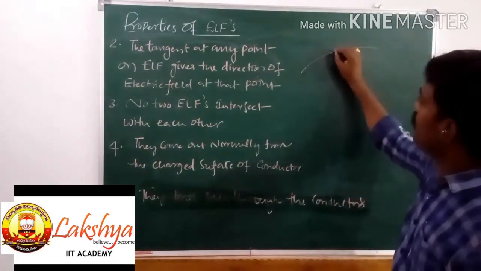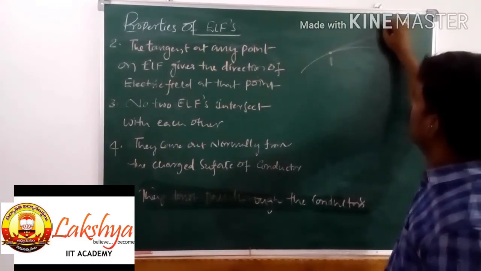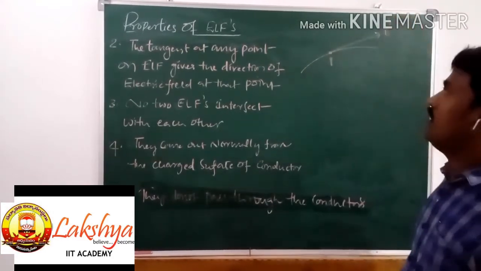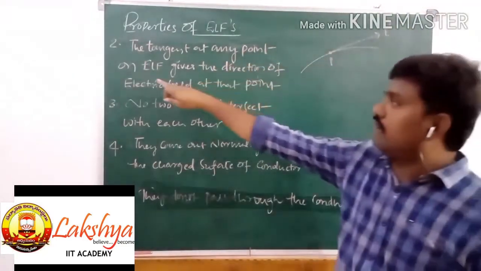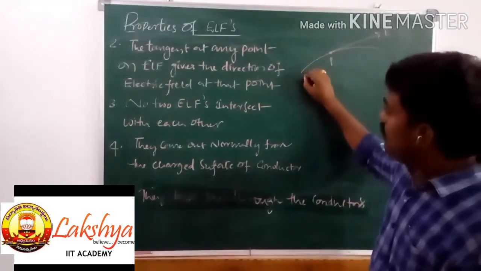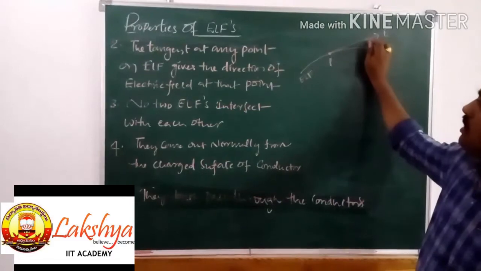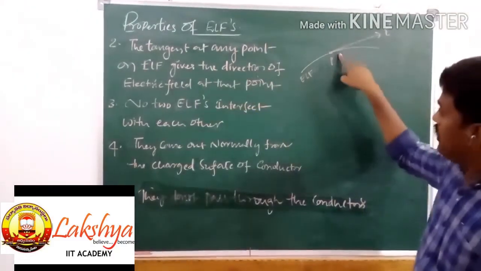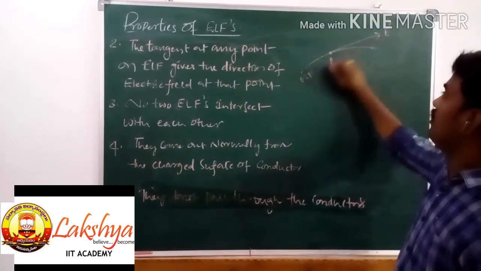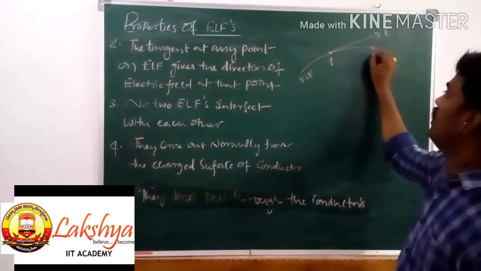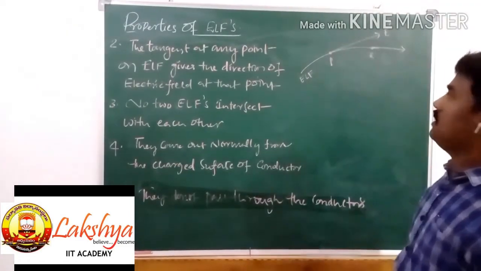If you draw the tangent, it gives the direction of the electric field at that point. Why? Because from point to point the direction of the electric field may change, since this is a curved path. At a point like R, the direction of the electric field will be like this.